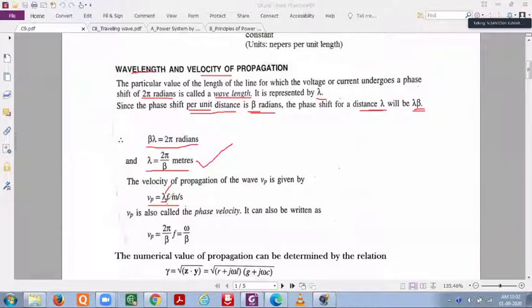That is your velocity of propagation. Now that velocity of propagation is also called as phase velocity, right? So in this equation I know wavelength. If I know wavelength and substitute there, because f is constant, that is 50 hertz. In India it is 50 hertz. In other countries it is how much, please?